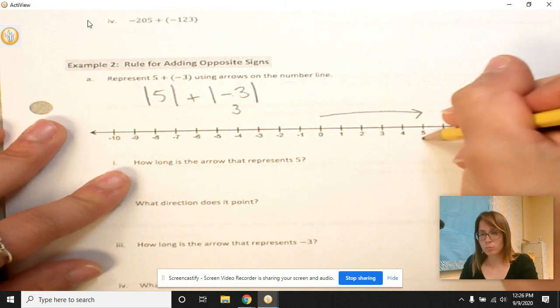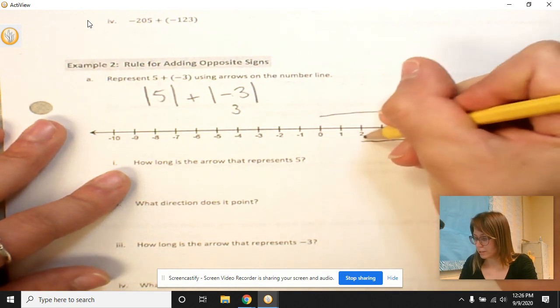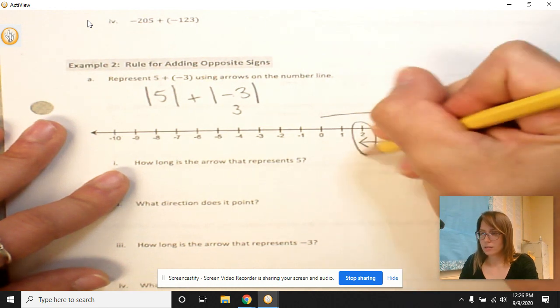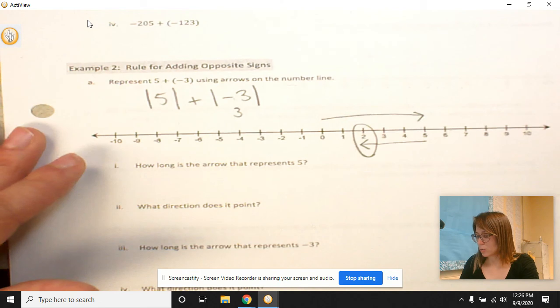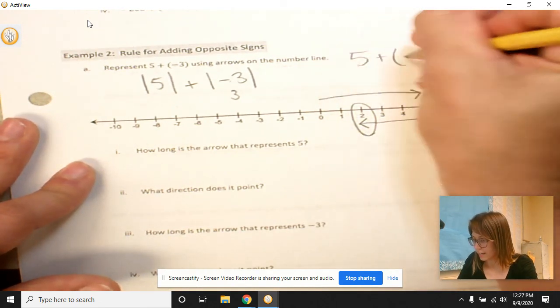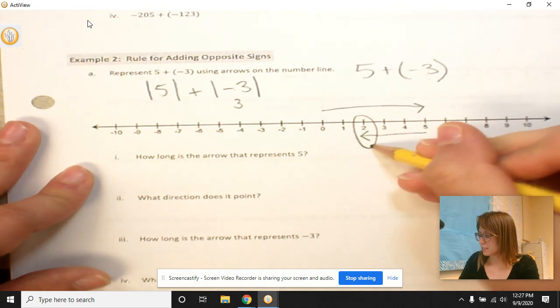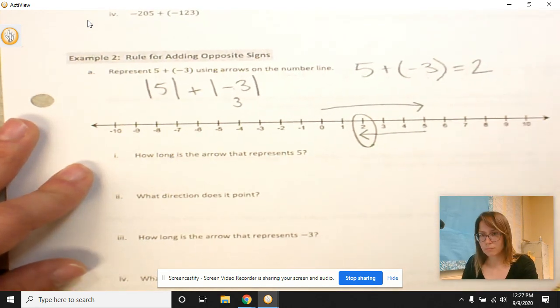And I'm going to start where I ended my last vector. So 1, 2, 3. When I arrive at the end of my last vector, I see my sum. So 5 plus -3, I see equals +2. Okay.